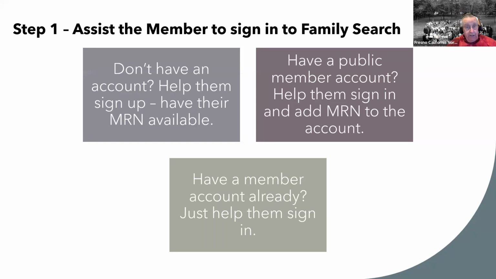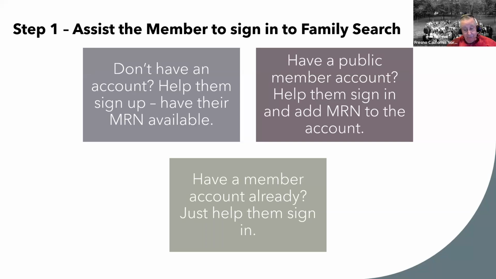One is he never has had an account with FamilySearch. So if that's the case, you're going to be able to sign him up, and you're going to need to know his MRN, his member record number, because without that member record number, you're not going to be able to help Johnny have an account that will allow him to submit a name.